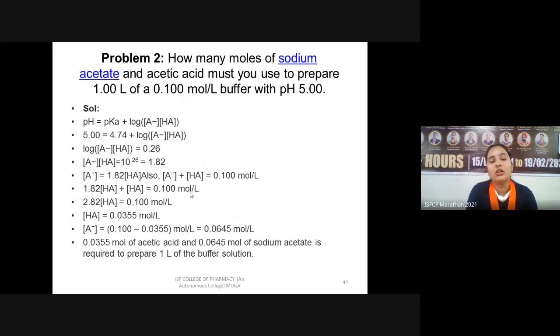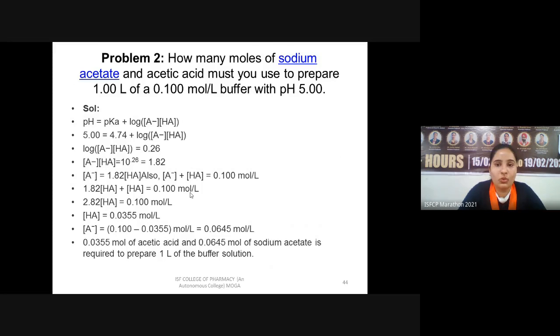Now problem number 2 is: how many moles of sodium acetate and acetic acid must be used to prepare 1 liter of 0.1 mole per liter buffer with pH 5? So again we will use the equation which we have used previously. pH is equal to pKa plus log of the concentration of the ionic form, the salt, divided by the concentration of the acid. The pH here is 5, it is given to us.